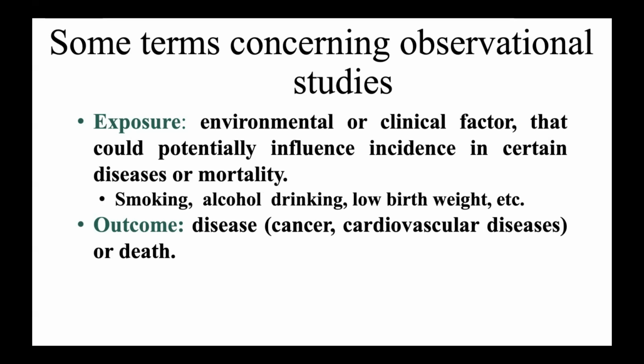In smoking, you want to see the association of cancers, lung cancer, the same. So these two terminologies are very important, these are the two fundamental things to understand before starting your research.